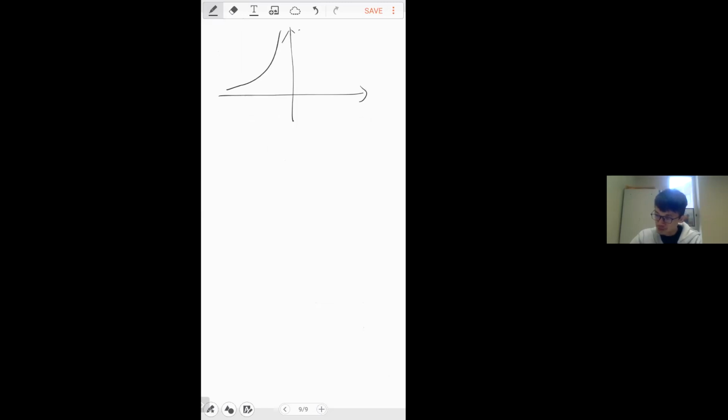So 1 over x squared looks like this. And let's say -1 is here. 3 is here. So everything is positive. So what do you think the area should be? Is it positive or negative?